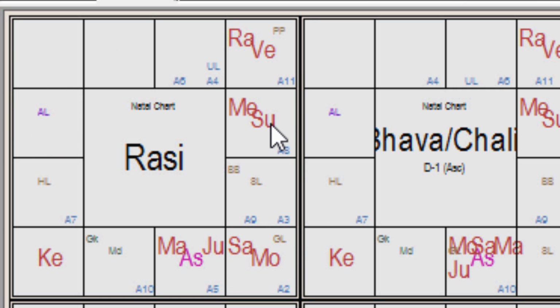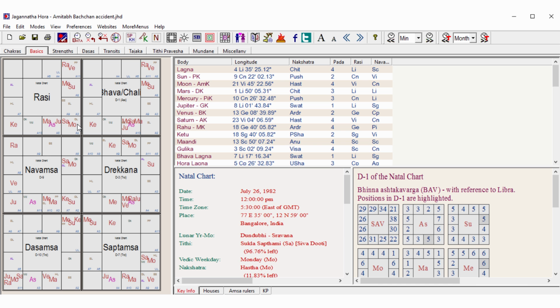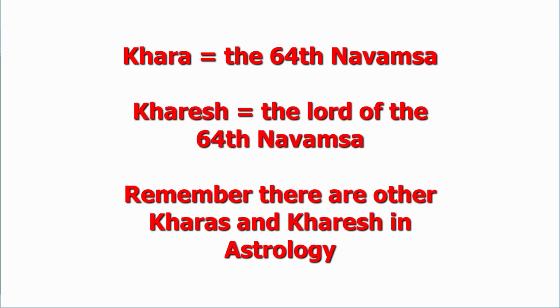But how do we relate this to the 64th Navamsa? The first point is, moon happens to be the 64th Navamsa lord for Mr. Amitabh Bachchan. So moon is the Karesh. The term Karesh is used to denote the lord of the 64th Navamsa.